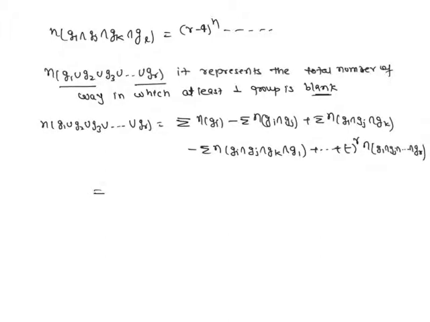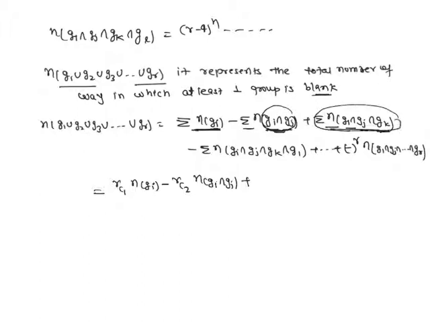So first is Σn(Gi). There are r groups, so the number of combinations is rC1 into n(Gi), minus Σn(Gi ∩ Gj). Among r groups, two groups we have to take intersection, so how many ways can we make? rC2 groups, n(Gi ∩ Gj), plus Σn(Gi ∩ Gj ∩ Gk). Among r groups, how many combinations can we make for three groups?